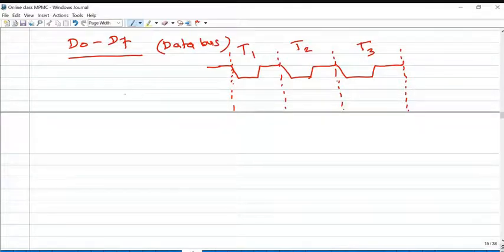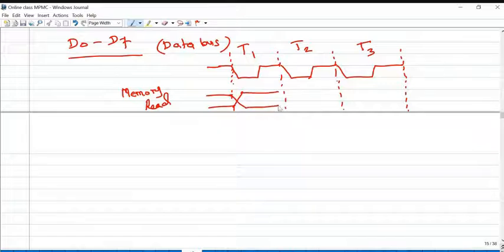Suppose it is a memory read operation. How do we represent this AD? During the T1 state, AD0 to AD7 act as the address, that is A0 to A7.